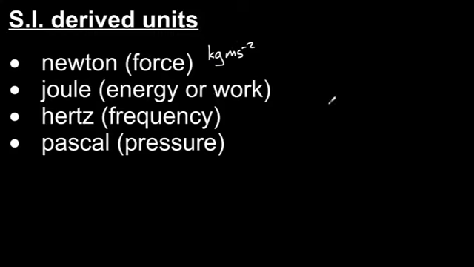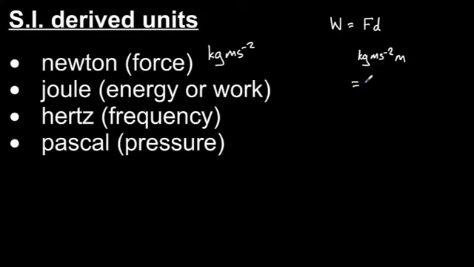What about a joule of energy? Let's see how we'd work this out. So the equation for work done is the work done by a force equals the force multiplied by the distance moved in the direction of the force. Now we know that the unit for force, the Newton, expressed in base units only, kilograms, meters and seconds in this case, is kilogram meters seconds to the minus 2. And we know that the unit for distance is the meter.